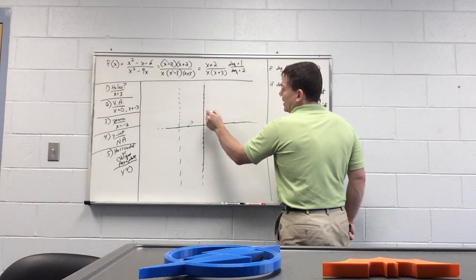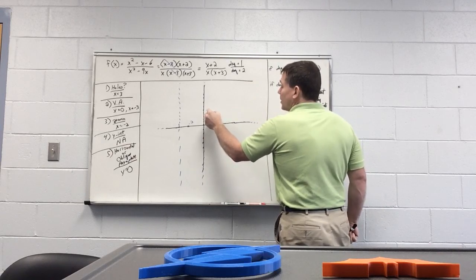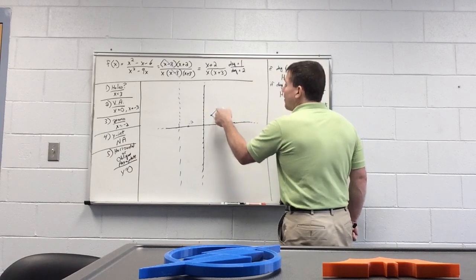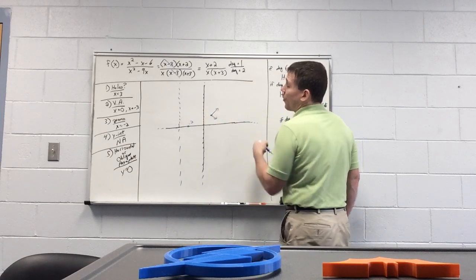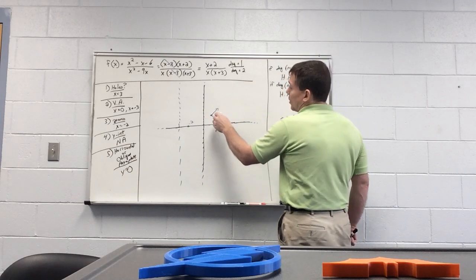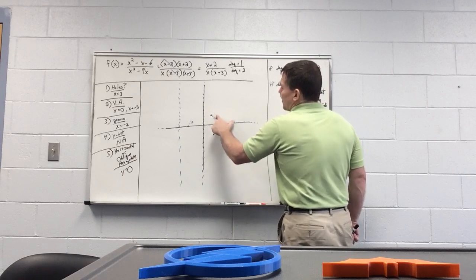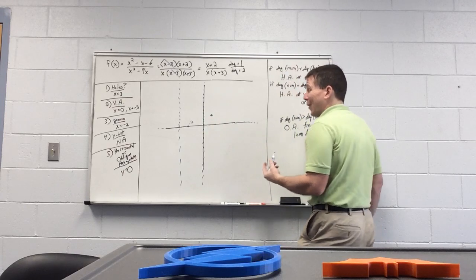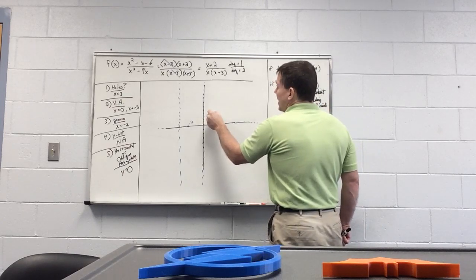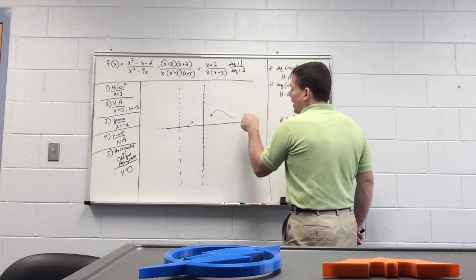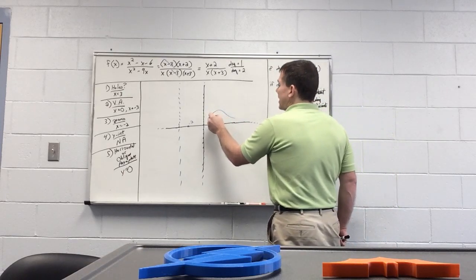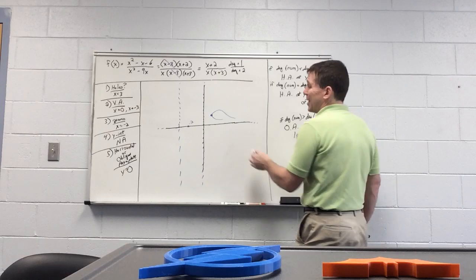If I'm at this point, if I go to the right, ultimately I go up or I go down. Eventually, I have to approach my horizontal or oblique asymptote, which means in theory, I'm not really concerned since you don't have access to a graphing calculator with these being incredibly accurate. Ultimately, even if I go up a little, I have to come down to that asymptote. So whether it looks like this or that, I'm pretty much okay with.